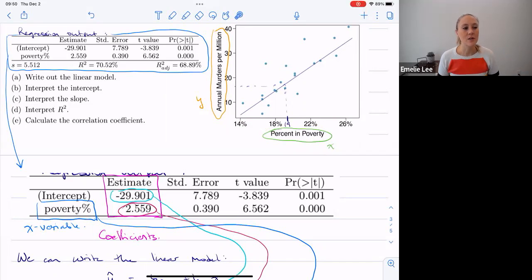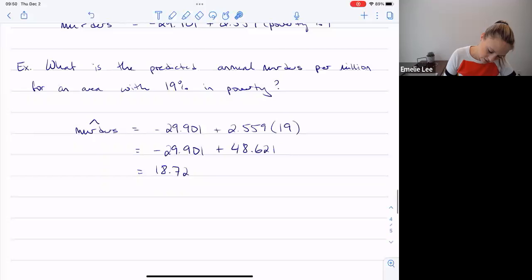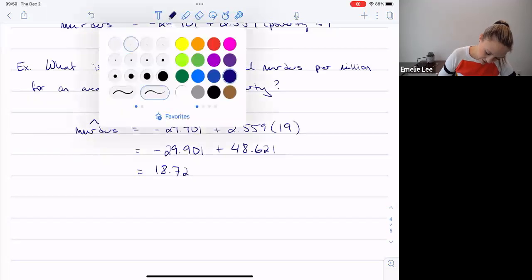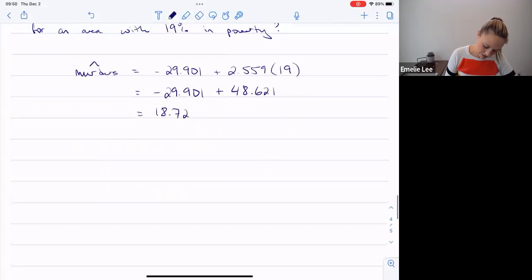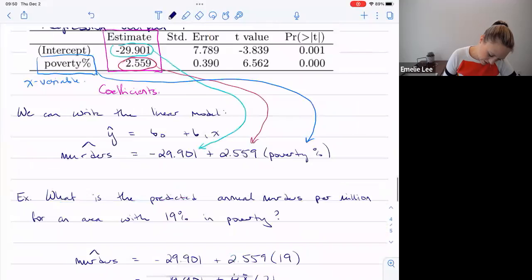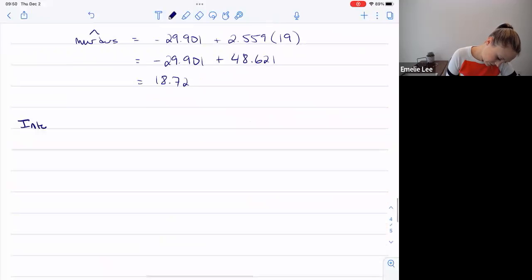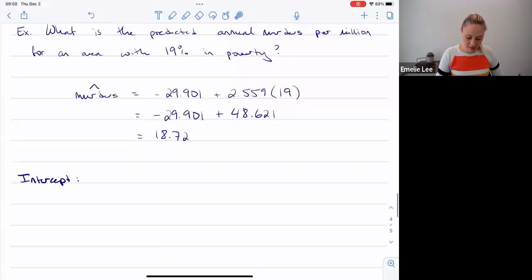And so if we had to interpret the intercept and then interpret the slope, I find it's easier to write with the big pen, but easier to read with the little one. For the intercept, the intercept is negative 29.901.